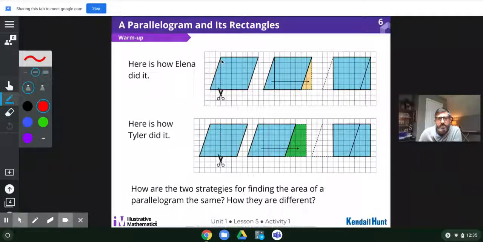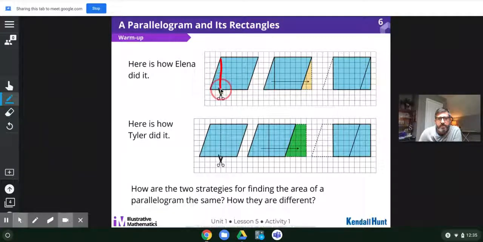So she cut this right triangle out, and you can see it right here, and then she moved it over to make a rectangle, which makes this a lot easier to find the area. And then she could just count, if she wanted to, the number of squares within that parallelogram.